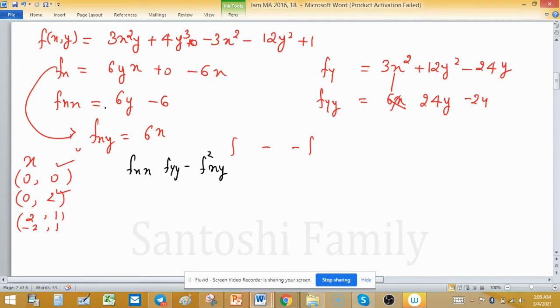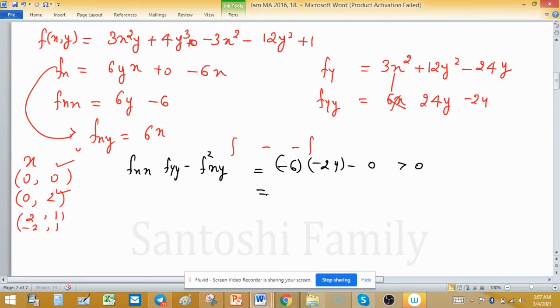So at 0, 0, putting 0 here, this one will be minus 6 into fyy, putting 0 here, minus 24, minus fxy square, 6x whole square means 0. So this value is positive.